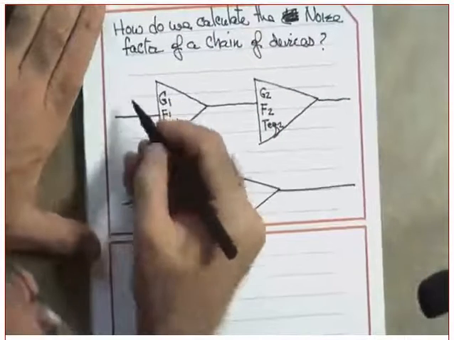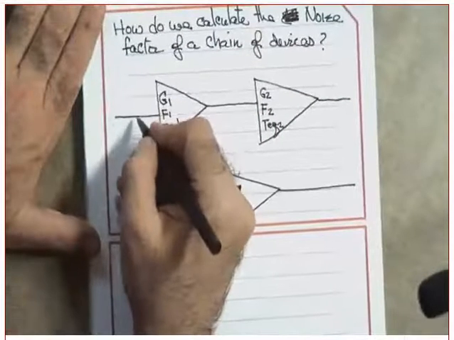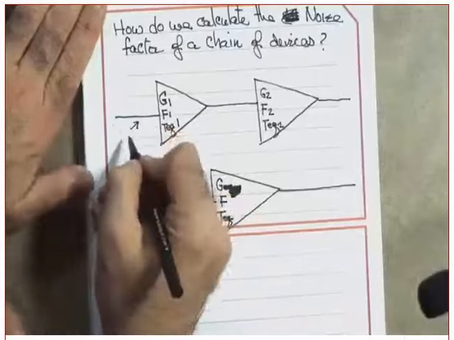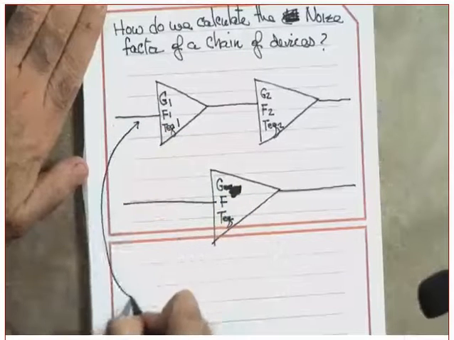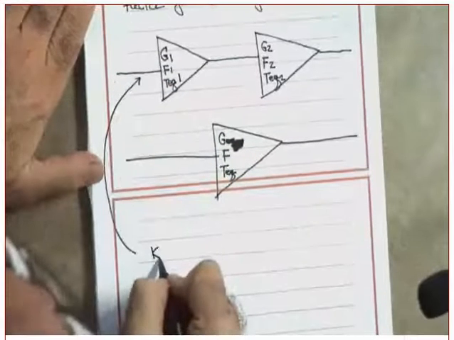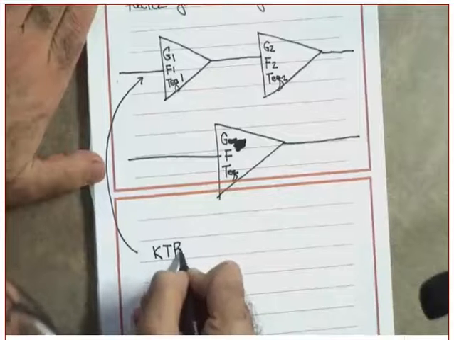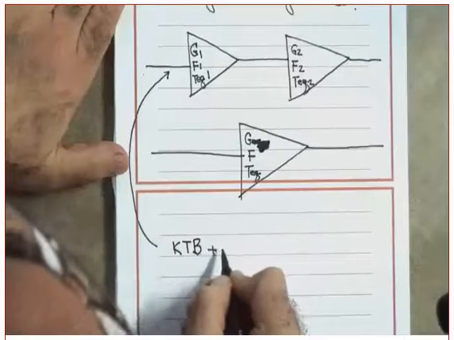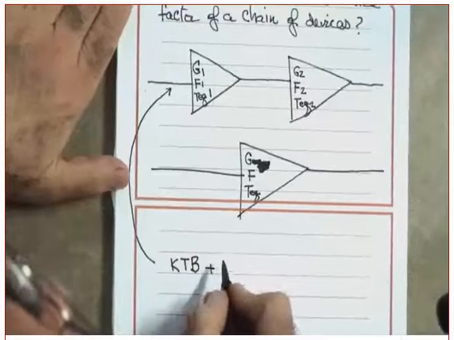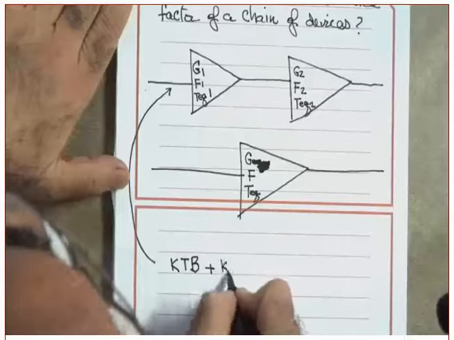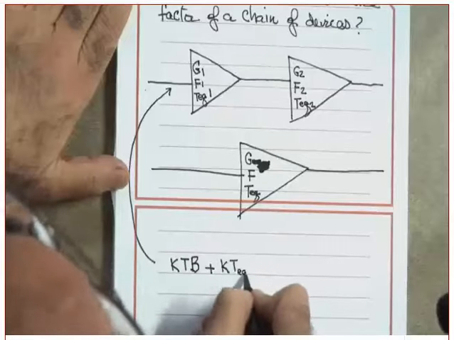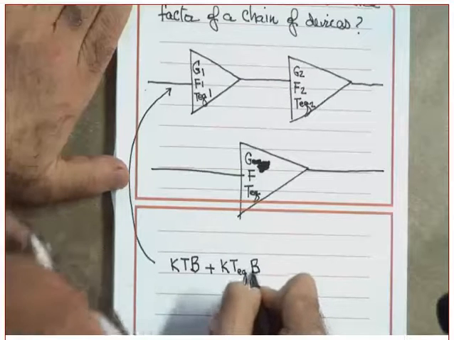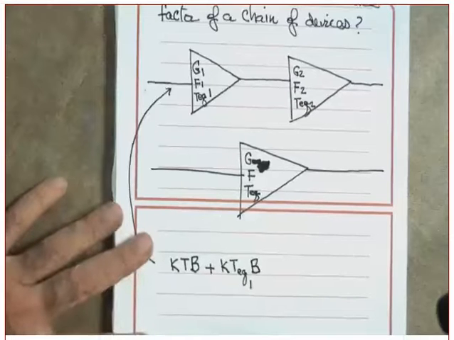What is the noise power here? The total noise power here is KTB plus K T equivalent 1 B. Are you following me so far or not?